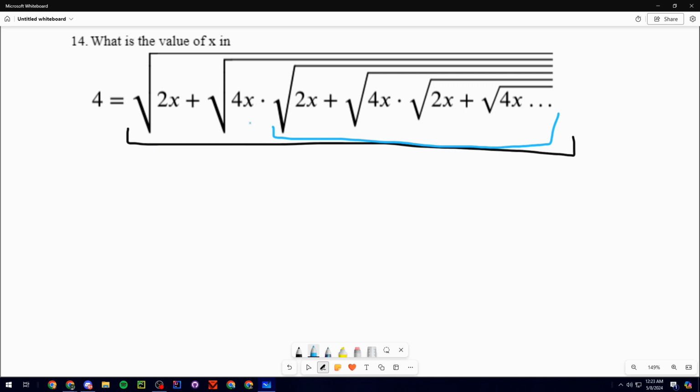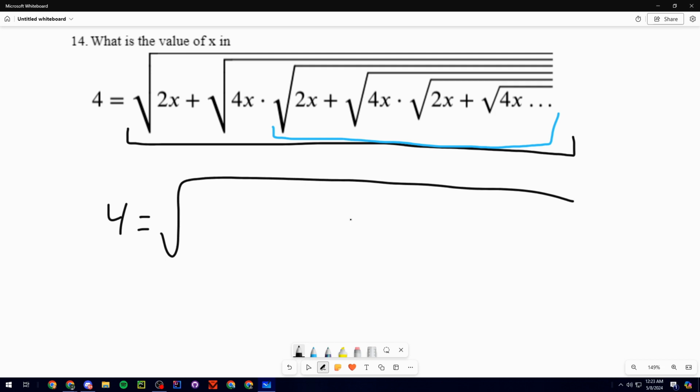So it makes it really cool, because if I say the whole thing is equal to 4, then in other words, 4 is equal to the square root of 2x plus the square root of 4x times, and now I'm repeating myself, right?